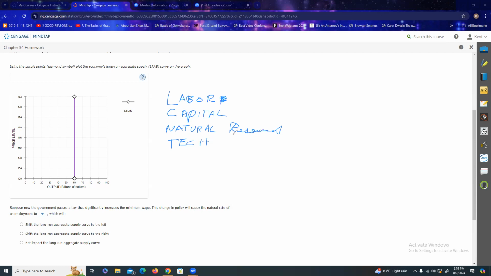So that is what determines long-run aggregate supply. Capital, of course, includes physical capital and human capital.